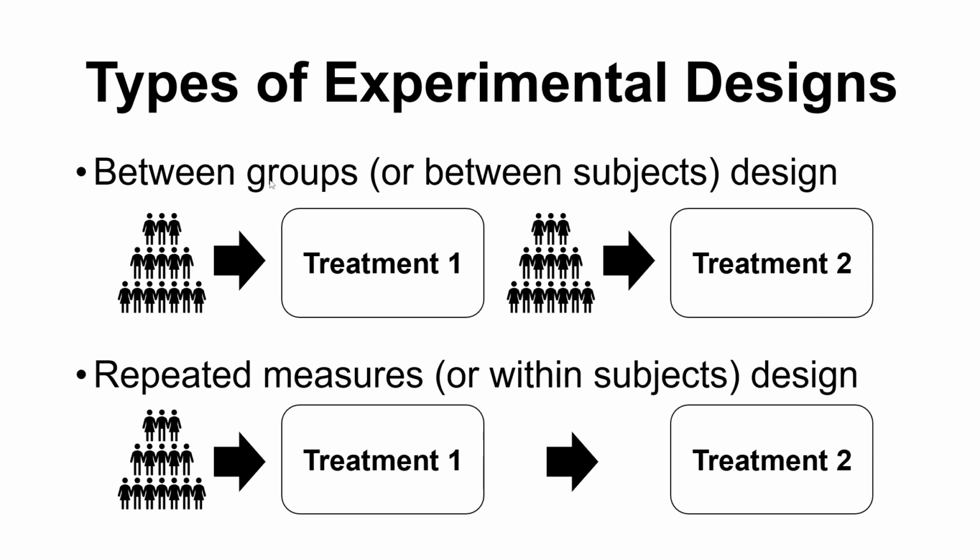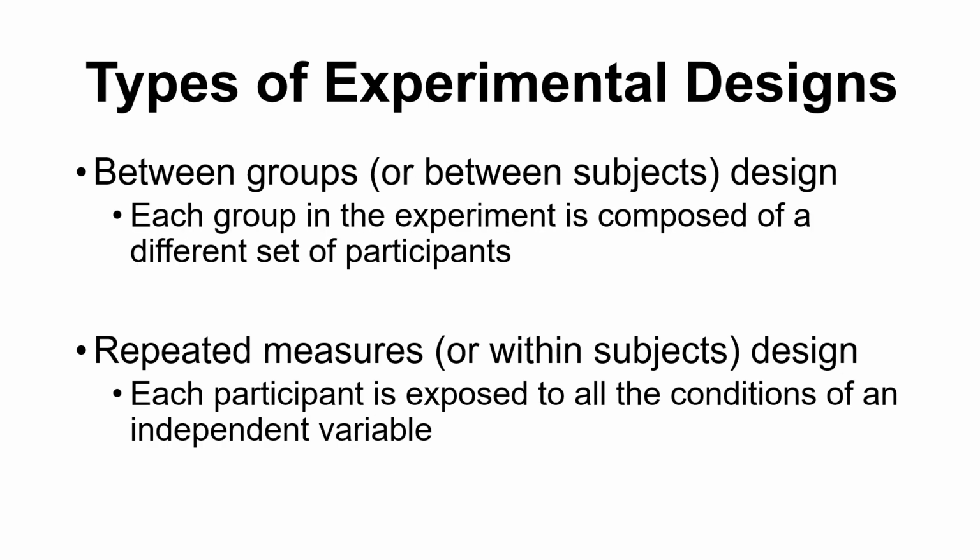Hence, between groups. We also say between subjects because we're saying that this group has these subjects and that group has those subjects. They are two separate groups of people. Now from that, you might have figured out where we're going with our repeated measures or within subjects design.